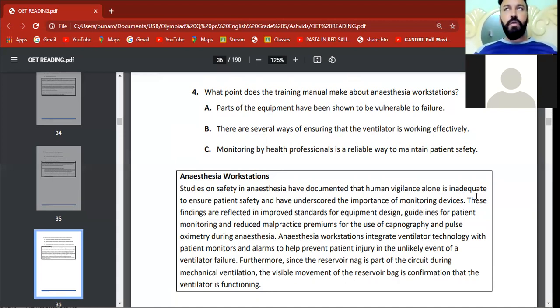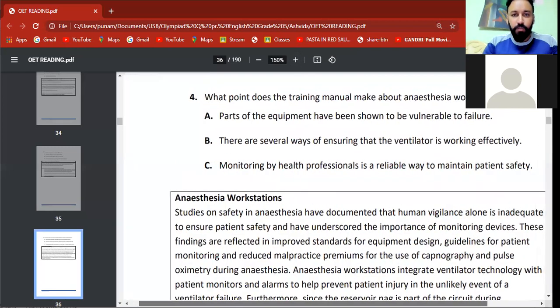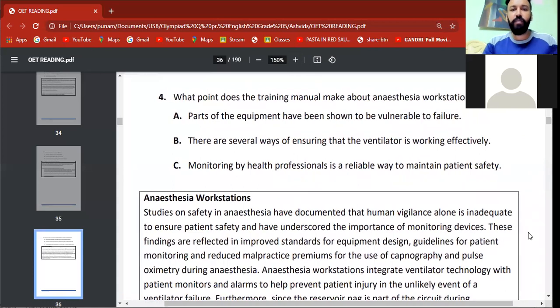Next, monitoring by health professionals is a reliable way to maintain patient safety. Let's keep it patient safety. Monitoring is also there, but patient safety. Let's keep it the first one.